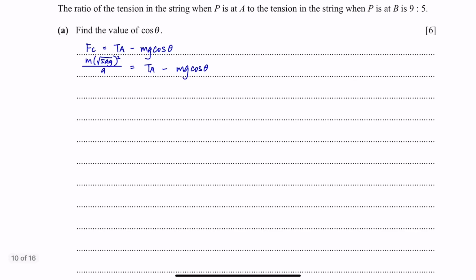So the left hand side we have 5mg, and the right hand side we have TA minus mg cos theta. So TA is equal to mg times 5 plus cos theta.